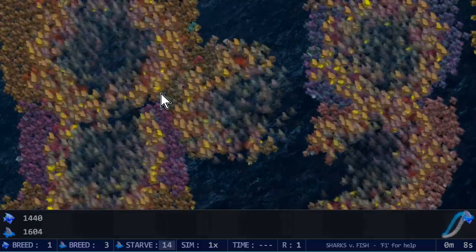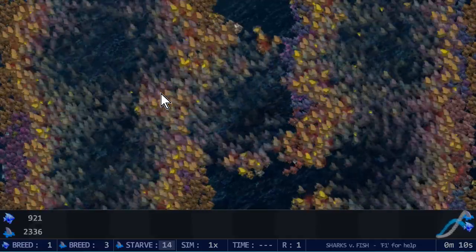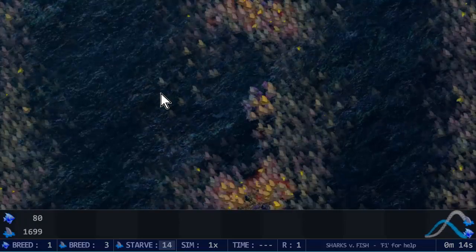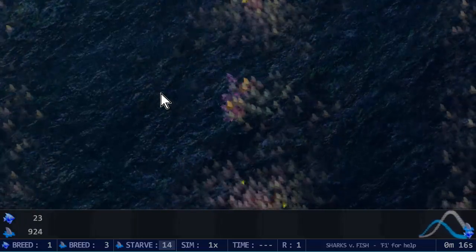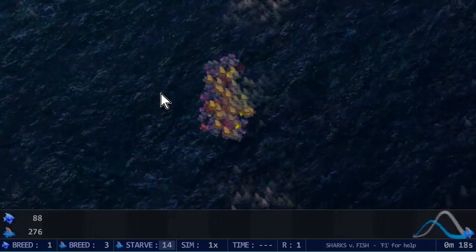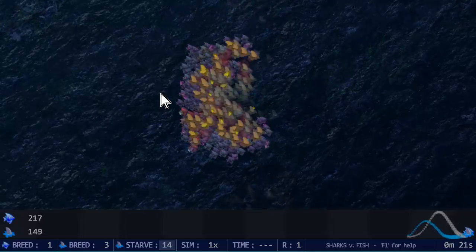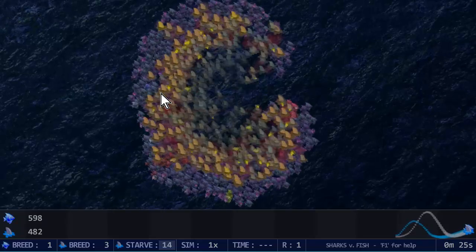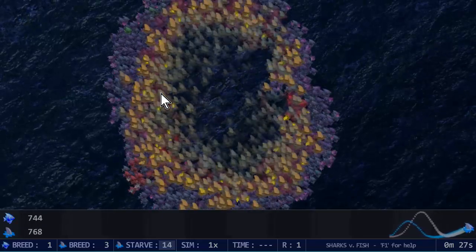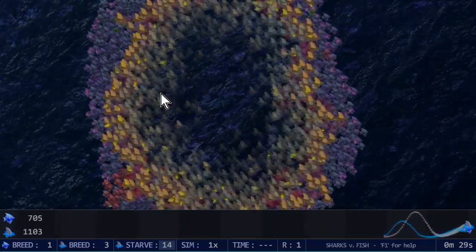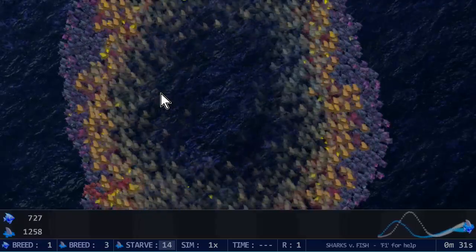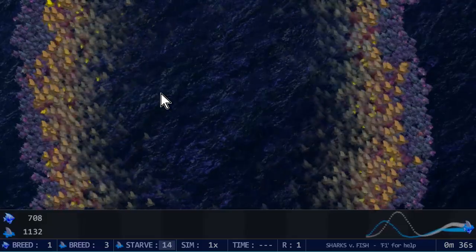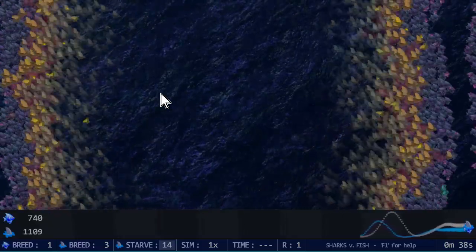So the sharks are very happy that the fish are so willingly breeding like this. You can see that their populations just go crazy. And this kind of can point out the paradox of what you think is going to happen. You may think it's actually beneficial for the fish to breed real often, but that can backfire because it creates a lot of food for the sharks, which in turn helps their breeding to the point there can be so many sharks they just come back and eat you.